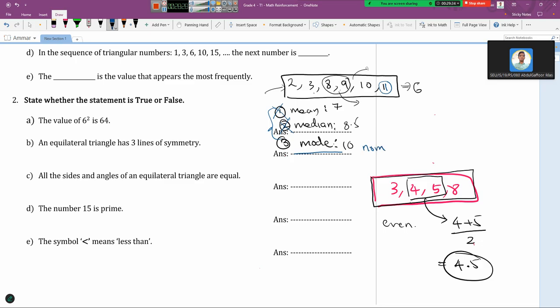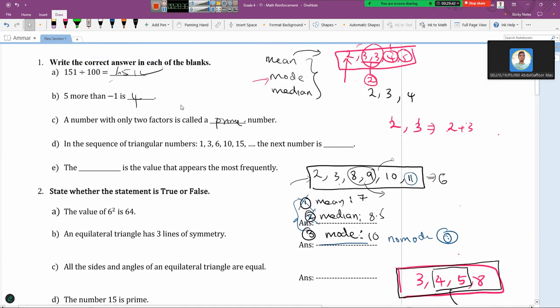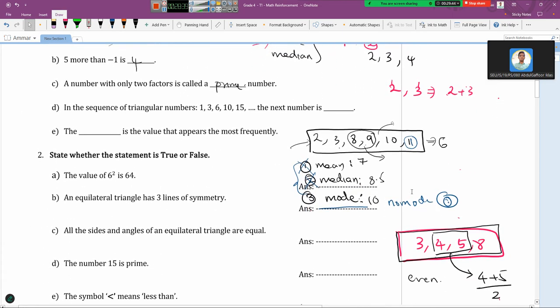You can't write 0. Why? Because we have no number like 0, right? So if 0 is there, then it will be wrong. If you don't have mode, you have to write no mode.